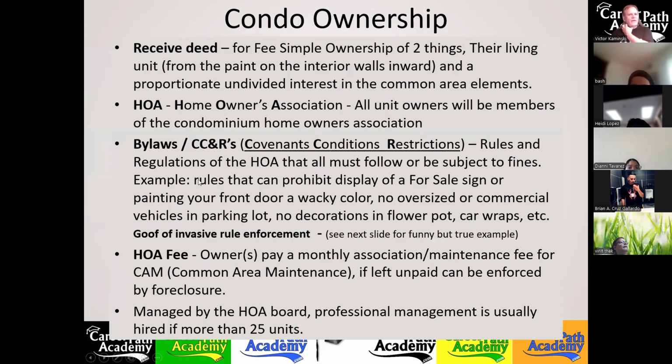All right, so I got a slide here for you explaining the details that we just covered and highlights over several pages for condo ownership. Let me just copy this over to notes.